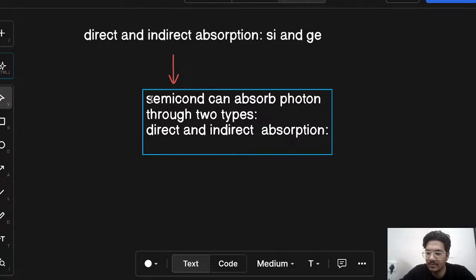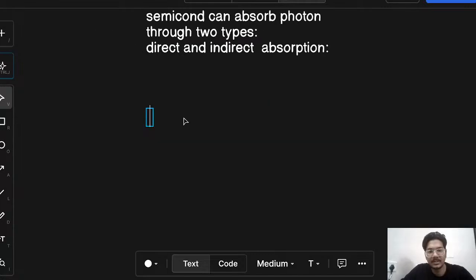So what is the difference between direct and indirect?